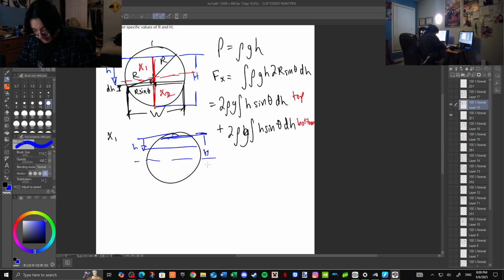Big H would be at this point, and it goes all the way to the bottom. We can say that this portion right here, from the center of the end cap to the top of the fluid, is x1. We need to find this value, right?